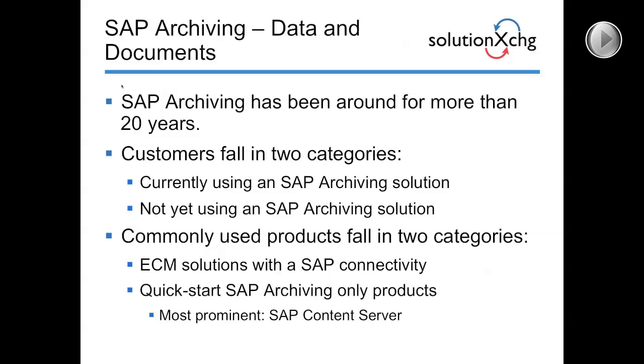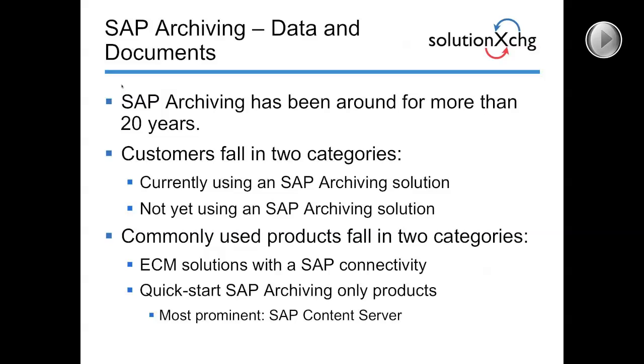But there's still newcomers to SAP. There's companies out there that have not archived SAP data as such, or documents associated with SAP business processes. And so those are the basic two categories I'm taking a look at here.